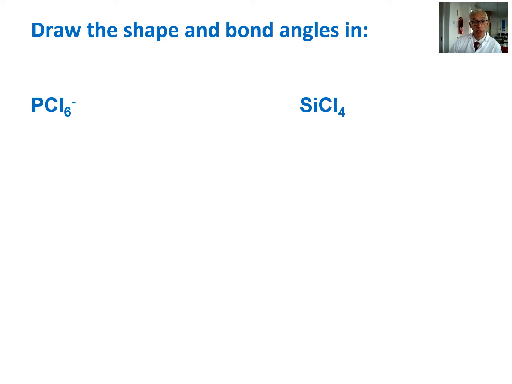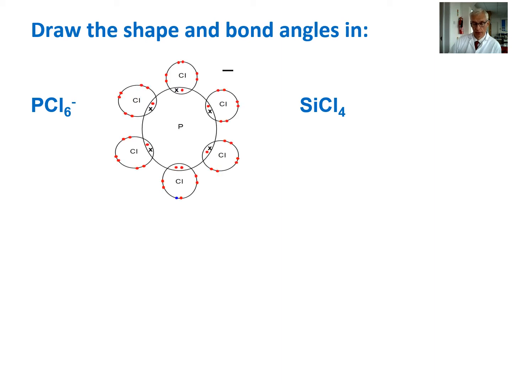Okay, so let's start with phosphorus hexachloride. Here is the dot and cross diagram. We've got 6 chlorines surrounding the central phosphorus. An additional electron here makes up the octet for the chlorine atom at the bottom.